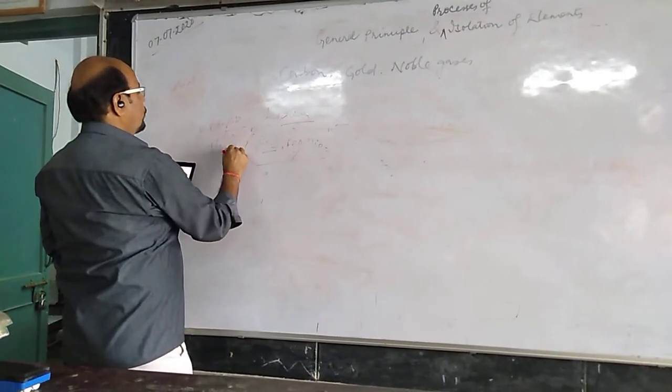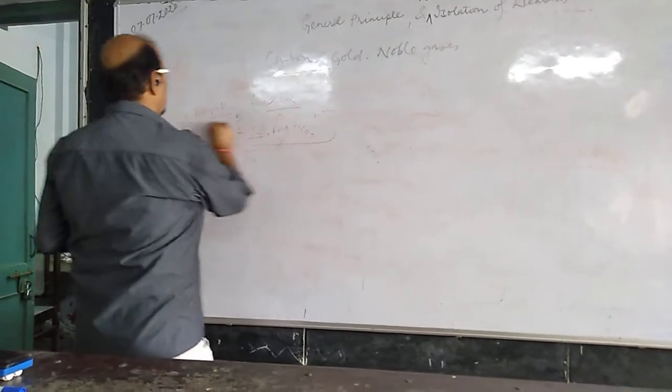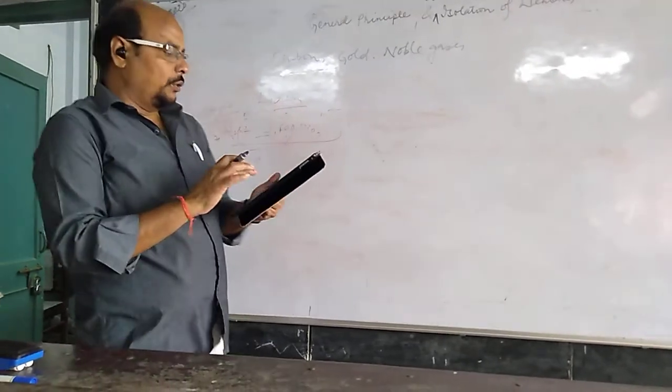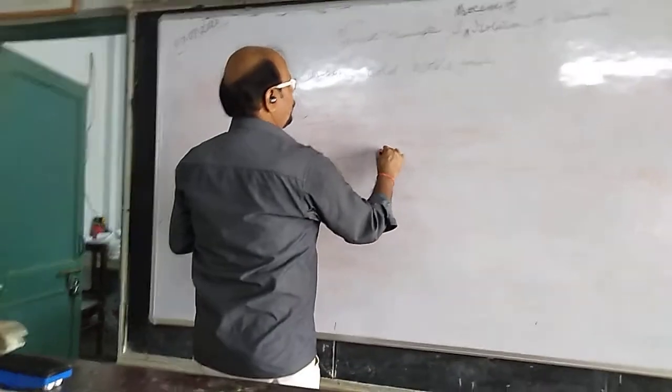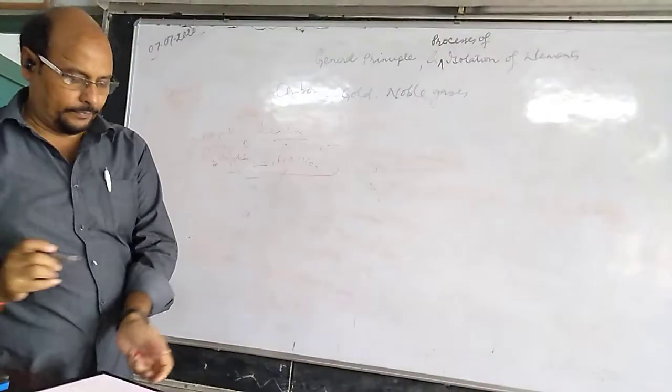This is bauxite plus these materials. Okay, this is the impurity form. Now this ore is mixed along with sodium hydroxide. It is mixed with NaOH.